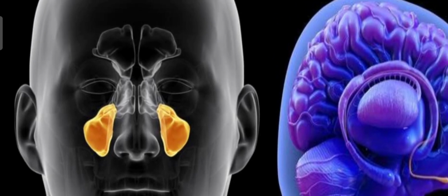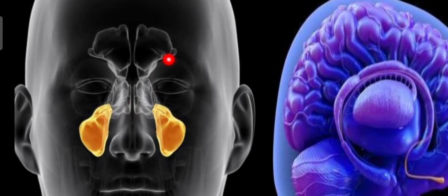The paranasal sinuses are the sinuses in the periphery of the nasal cavity. So these are the maxillary sinus which can be involved. These are the ethmoid and the sphenoid sinuses, and these are the frontal sinuses that could be involved, right?